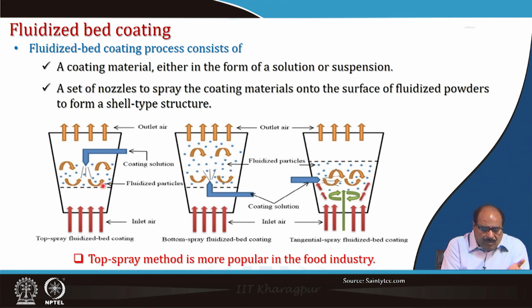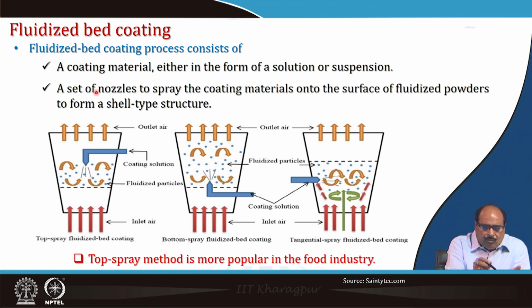There may be three types of fluidization. Like top spray fluidized wet coating, where with the help of the inlet air, the fruit or vegetable or the material which is to be coated is fluidized in the air and then the coating solution is sprayed over it.